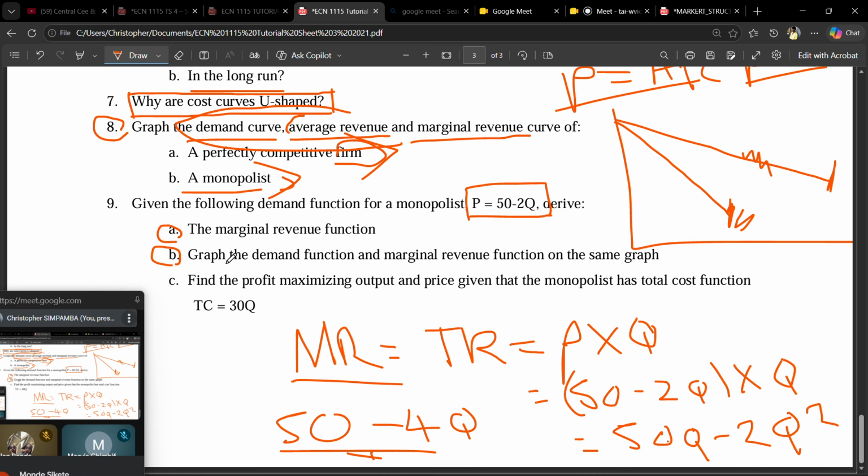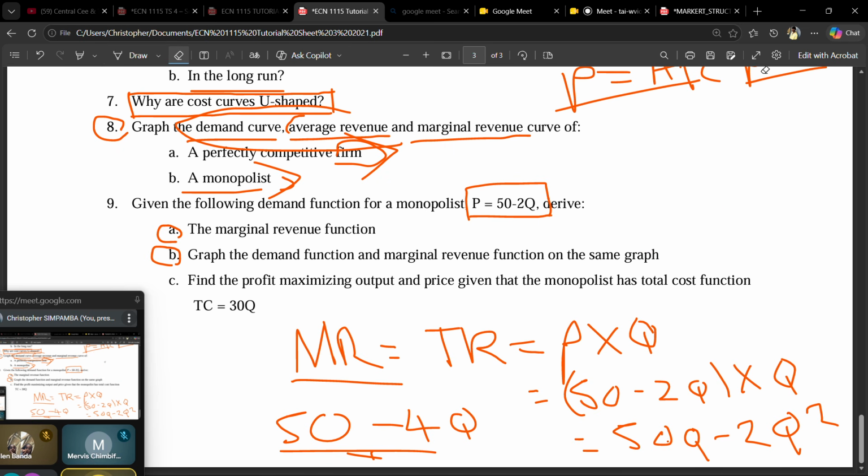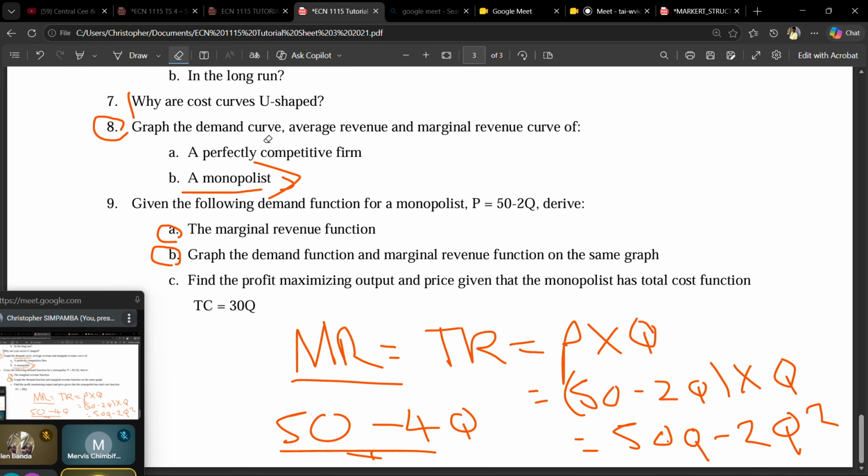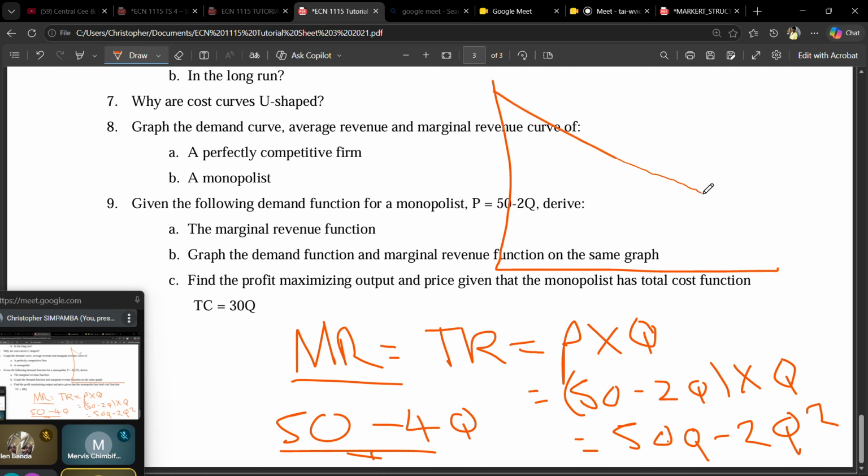Question B was saying graph the demand function and marginal revenue function on the same graph. You know that the marginal revenue function is twice as steep as the demand function, which means you just take the equations we found and put them on one graph. Our marginal revenue function is 50 minus 4Q.